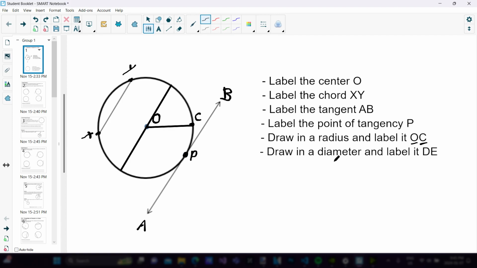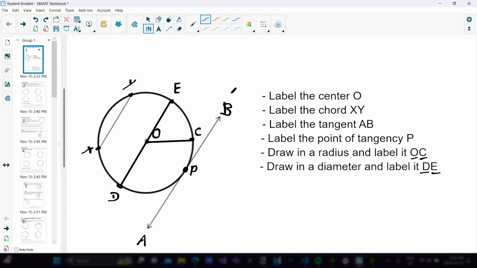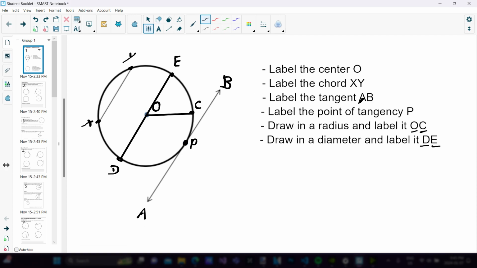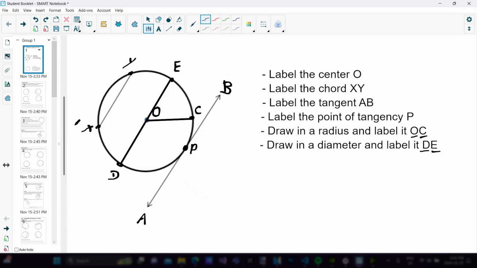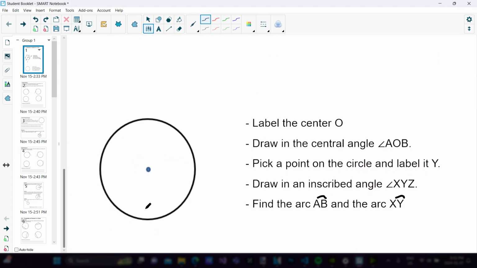And they want us to name this diameter D to E. So this point of the diameter is D, and that point is E. So we're just putting our new definitions to use and also labeling these lines, which is an important part of this unit.